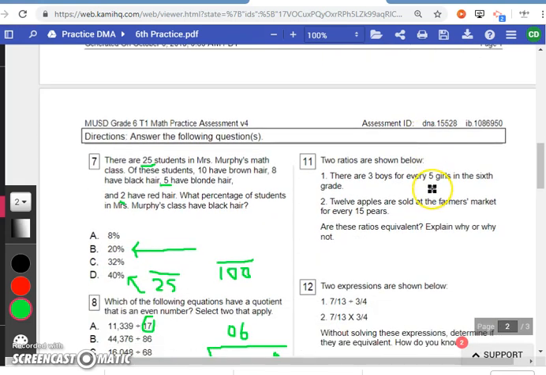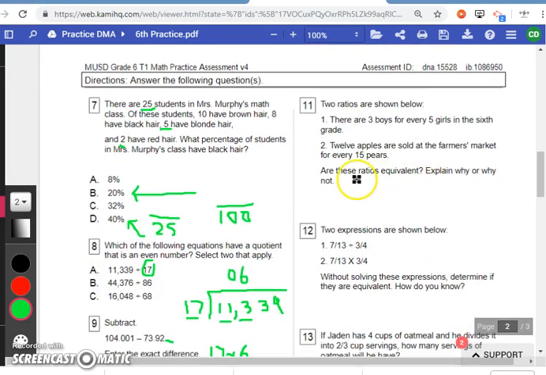Problem number 11. Another ratio. So once again, I would recommend creating a ratio as a fraction, numerator over denominator. So for every 3, and you can even label it 3b, we have 5g. Okay, that's for every 3 boys, there are 5 girls. So basically, that's a 3 to 8 relationship, meaning 3 out of the 8 kids are boys.